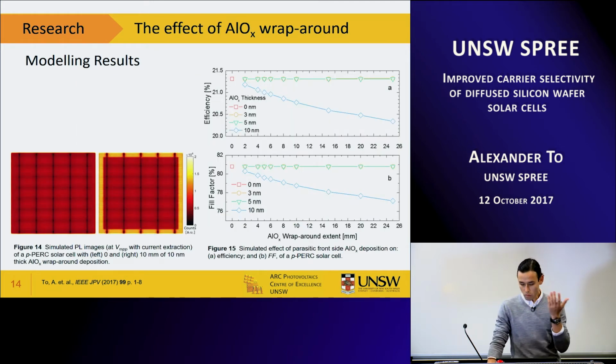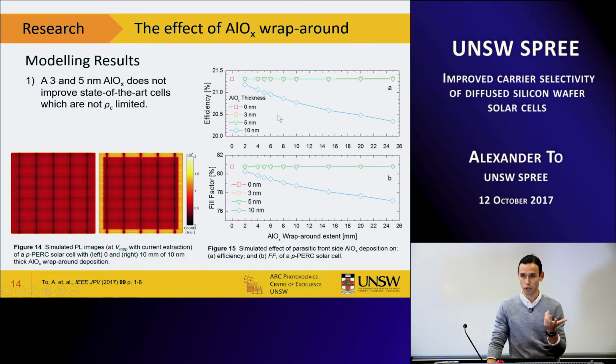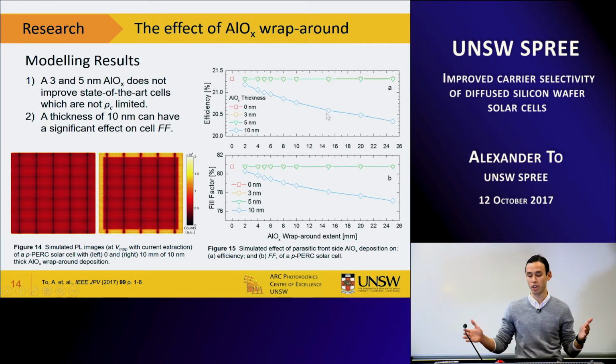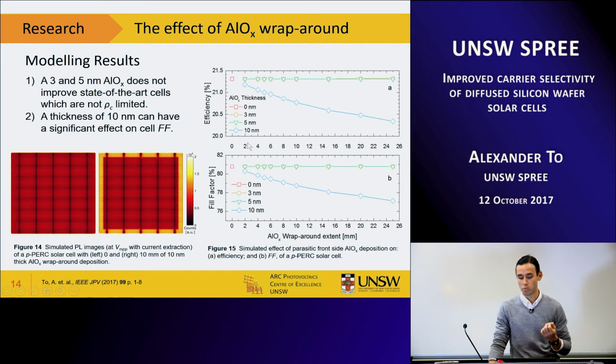Simulating the efficiency and fill factor, we found that 3 and 5 nanometer ALOX for this particular cell didn't actually improve the performance, essentially because this was not a series resistance limited cell, or at least not a contact resistivity limited cell. On the other hand, we showed that a 10 nanometer ALOX thickness can have quite a detrimental effect as the wraparound extent from the edge increases. That was interesting to see.